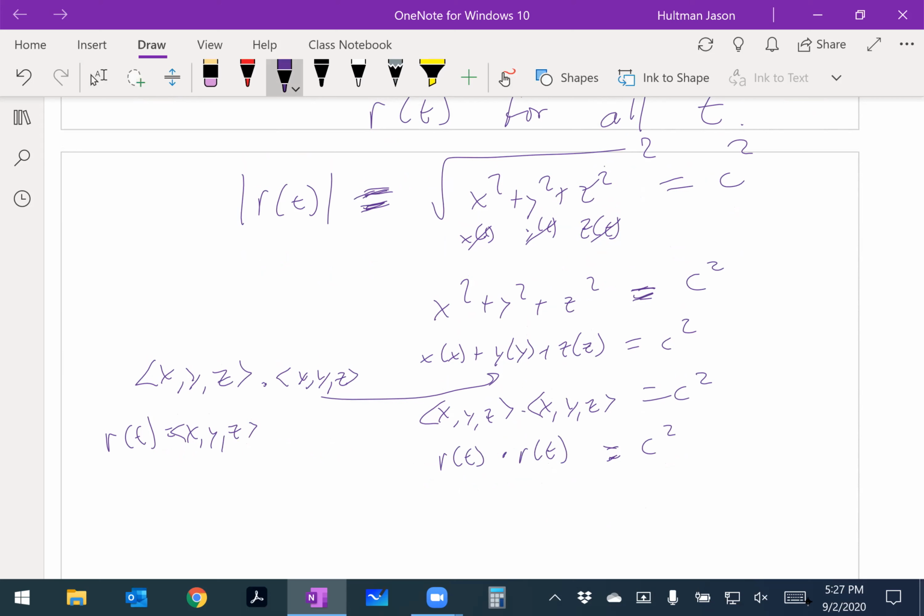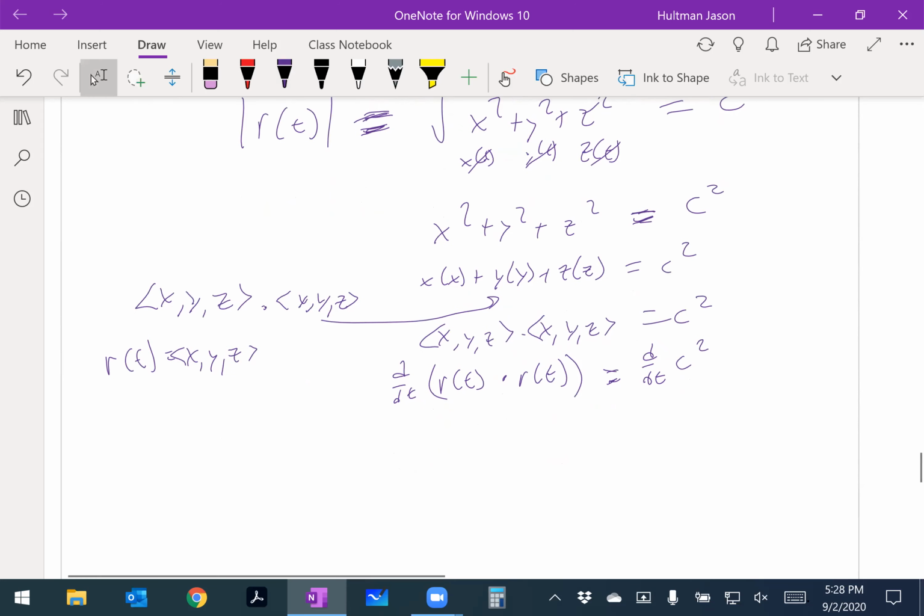Now what we're going to do is take the derivative of both sides, d dt. What's the derivative of a constant? Zero. Yeah, the derivative of a constant is zero. So this becomes d dt of r dot r is equal to zero.